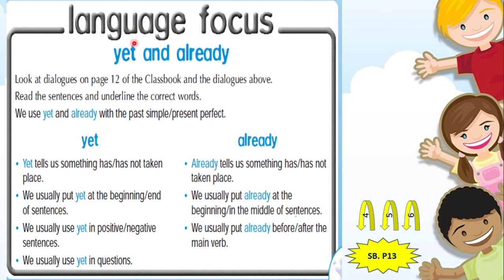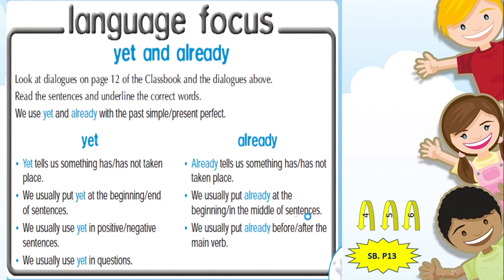So let's start, students, with the language focus. You will find it in your skills book, page 13. So go and open your books. Here we will study yet and already. When we study yet and already, we have to use the dialogues we have studied before on page 12 and the dialogues we've studied last lesson in the skills book.